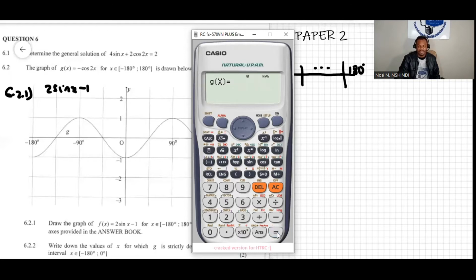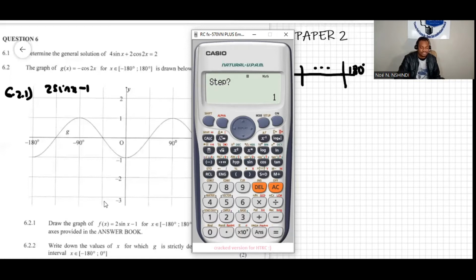This asks for another function, but I have only one function, so I just press equal, and then it starts from -180 degrees. You can also see the interval is given there from -180 to 180. To write -180, you hit the negative symbol button, -180. Then the end is 180, and equal.